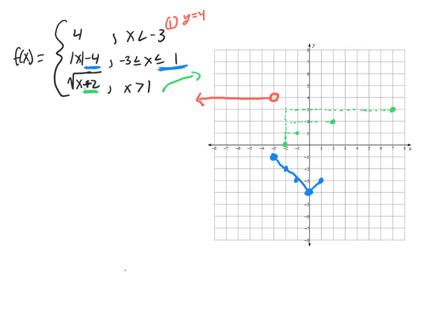Now, when I go to connect this graph, I'm going to ignore everything to the right of 1. And I am going to make sure that the point I put at 1 is an open circle, because if we reference our domain, there's not an equal to there. So we're non-inclusive at that point. So we're going to sketch that function, and I'm going to get rid of everything to the left of 1.